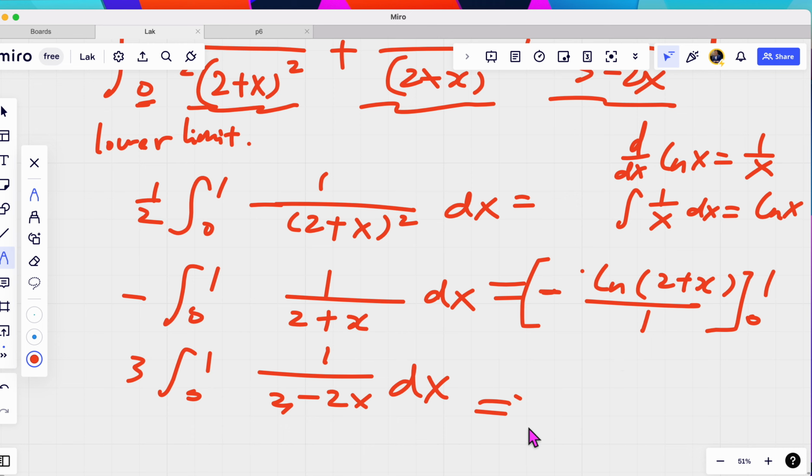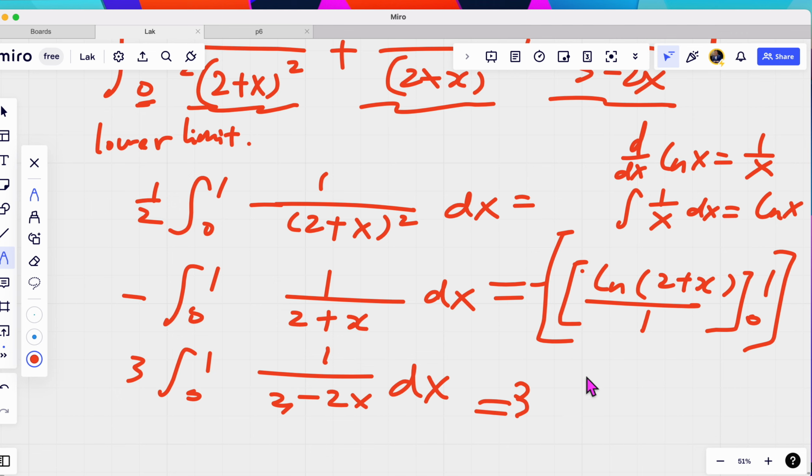Then for this one, now I'm going to explain to you why you need a 1 here. So you have the 3 outside. By the way, the negative 1 should be outside. So basically you need to solve this, then after that you negative the answer. So the 3 is outside. How do you solve this?